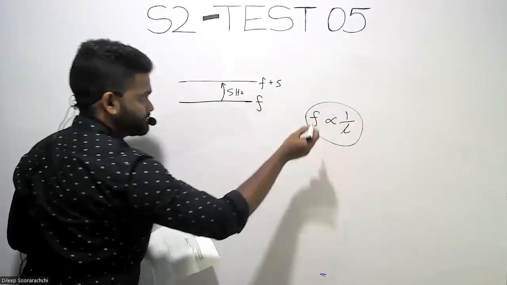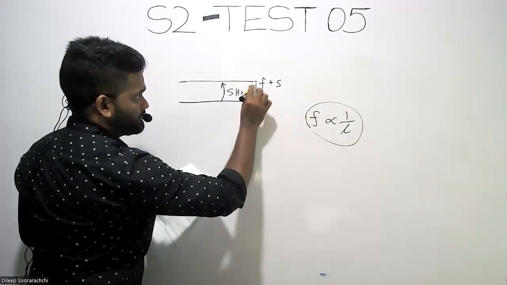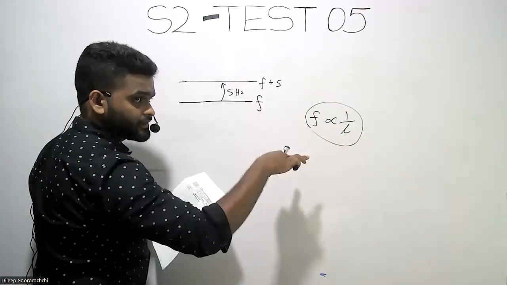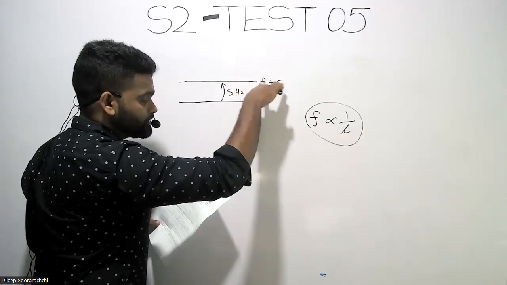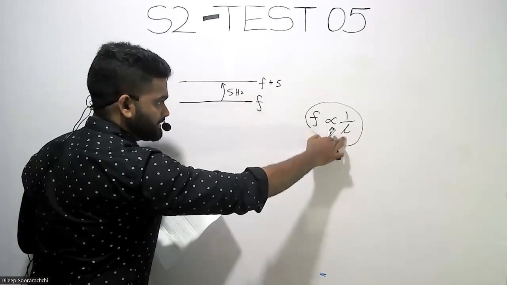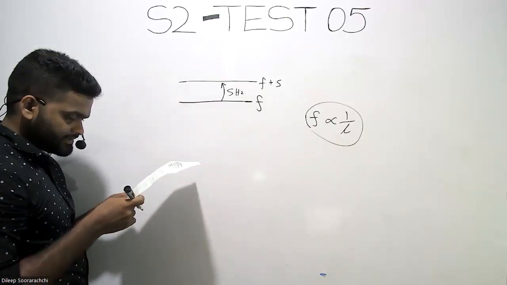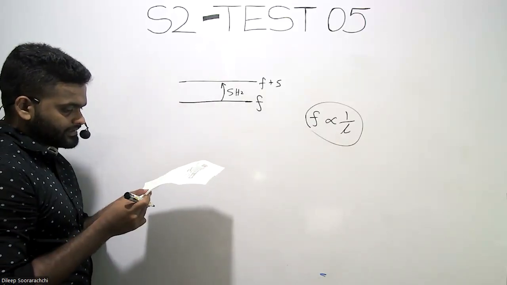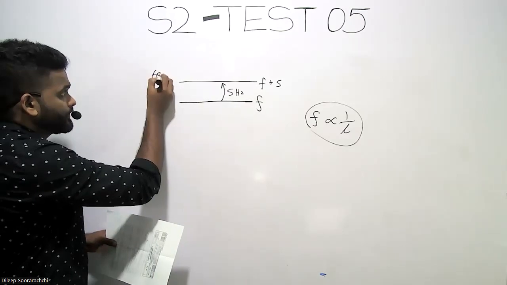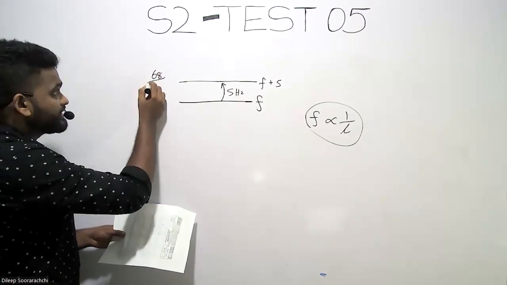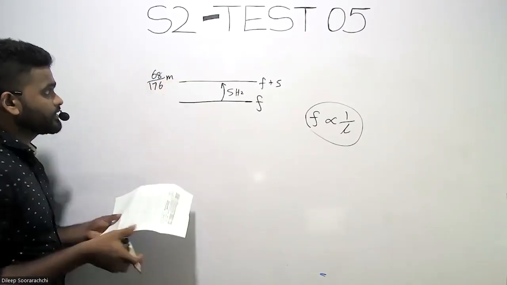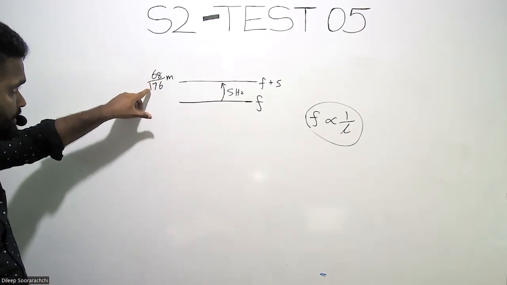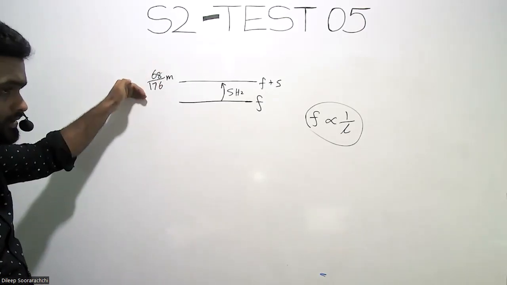According to this, higher frequency should have the lower length. Higher the frequency, less the length. So the less length is 68 divided by 176 meters. If the denominator is large, the value is smaller.